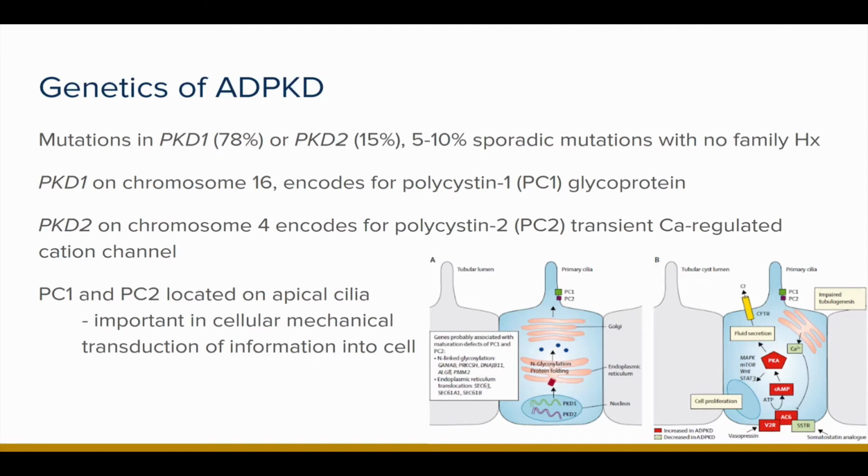And PC1 and PC2 are intimately related to each other, and they're located predominantly in the primary cilia on the apical surface of these tubular epithelial cells. And the role of this cilia is quite important in maintaining the polarity of these cells, but its role in transmitting information from the tubular lumen into the cell and stimulating further actions is important.